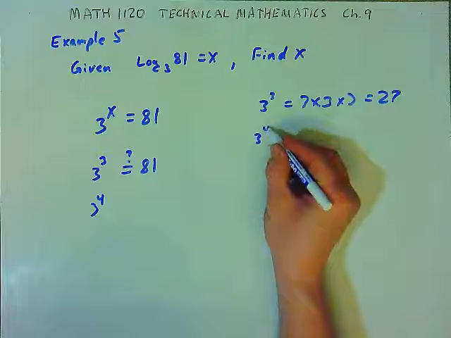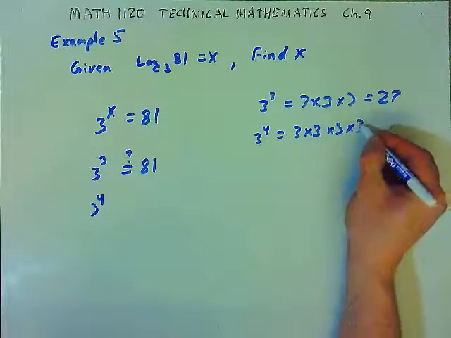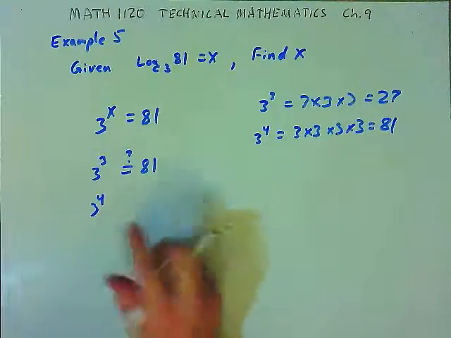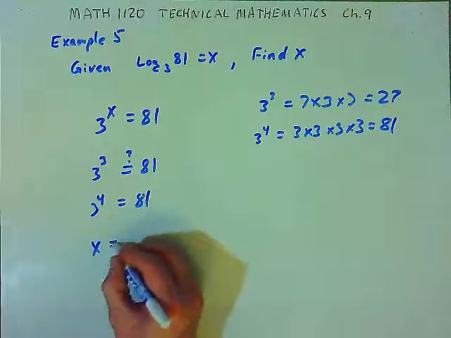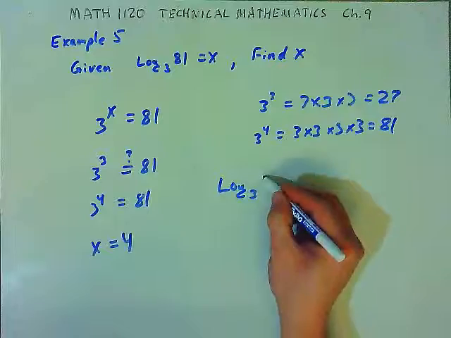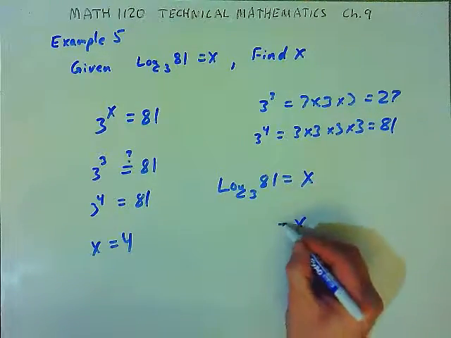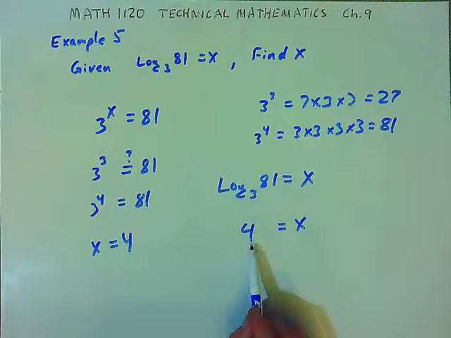So 3 to the fourth power means 3 times 3 times 3 times 3. And that is in fact 81. And so the answer is going to be 4. x must be equal to 4. So again, if the log base 3 of 81 equals x, then x is equal to 4. In other words, the log base 3 of 81 reduces to 4.